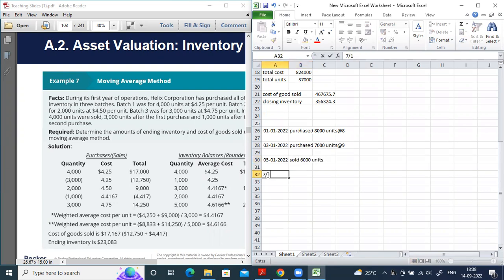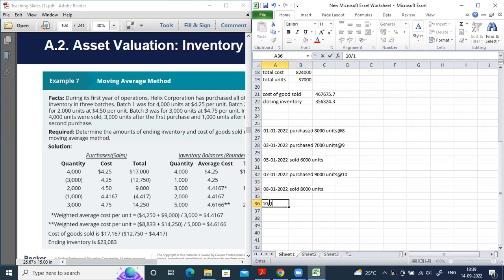Then 7th January 2022, purchased 9,000 units at the rate of $10. Then 8th January 2022, sold 8,000 units.